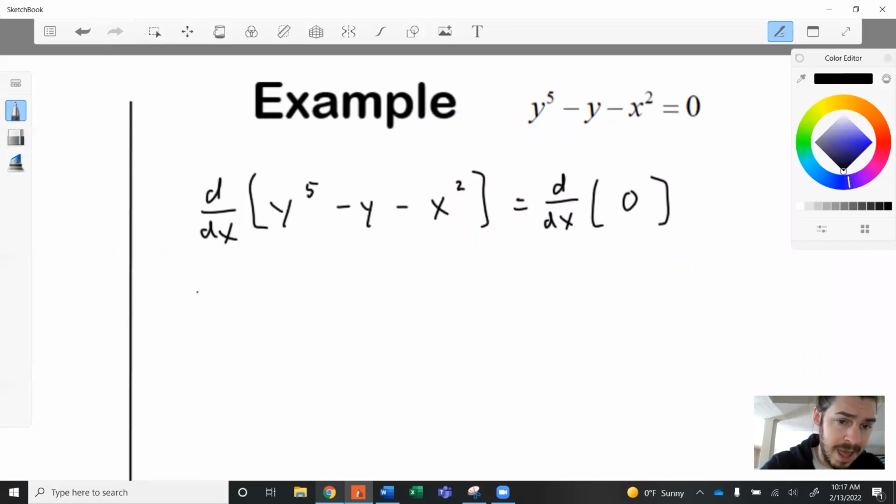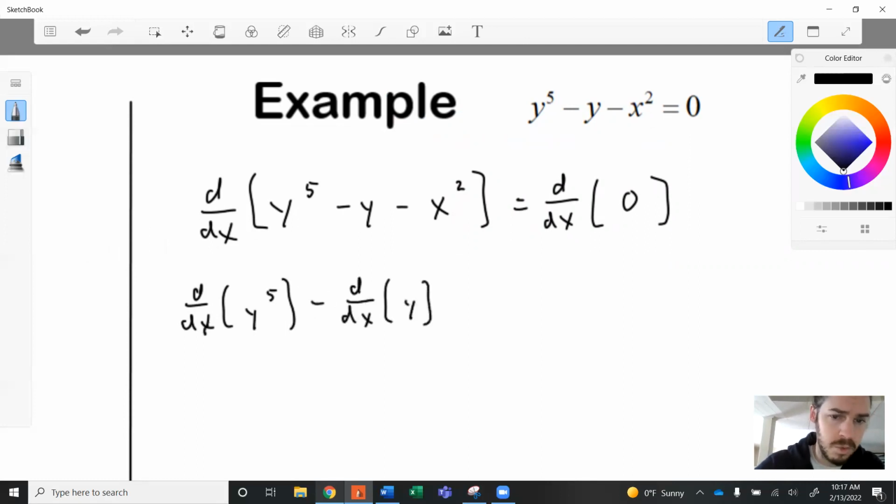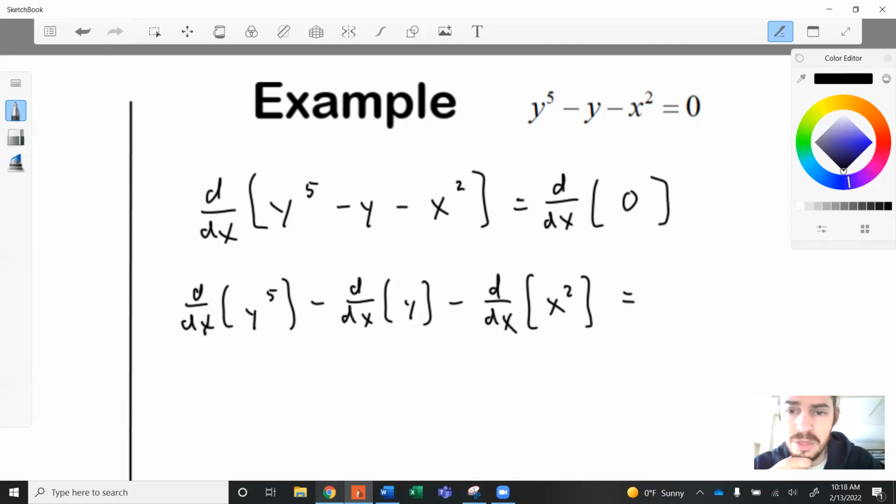So I'm going to have the derivative of y to the power 5, minus the derivative of y. This is with respect to x, remember. The derivative is with respect to x, despite the fact that these are functions of y. That is notable. Then minus the derivative of x squared, and then equals the derivative of 0. Now the derivative of 0 should be 0, because 0 is a constant, and so its derivative is 0.